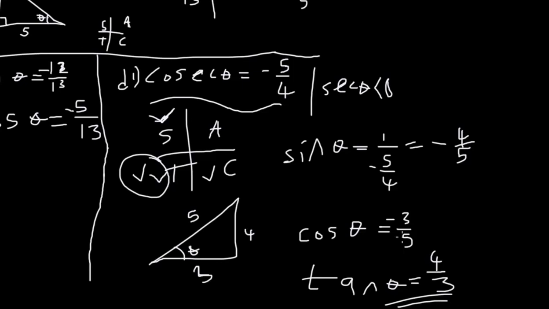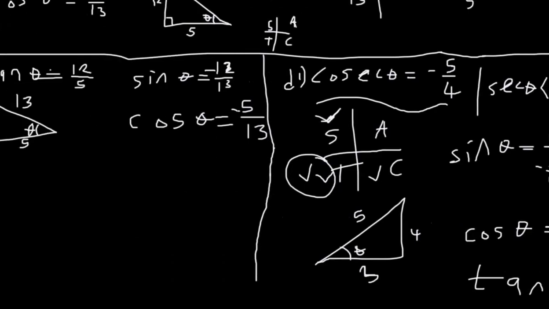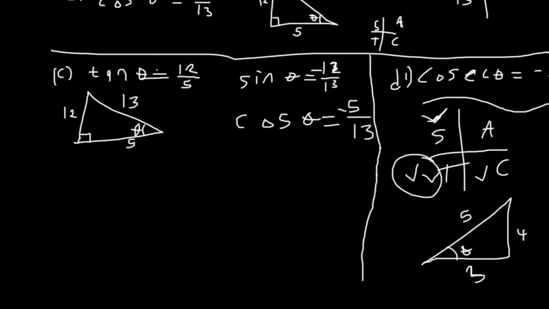And then what I said I'm going to show you after finishing is this. From all the questions that we've been doing, we've only been finding sine, cos, and tan. So make sure that when you're practicing, you also find cosec, sec and cotan.